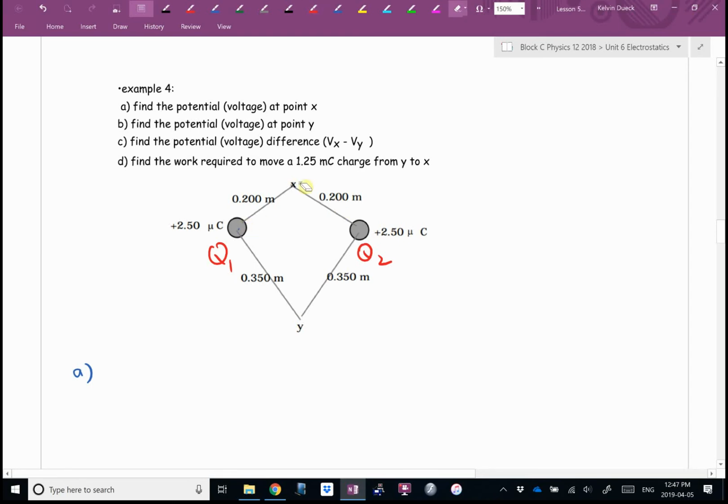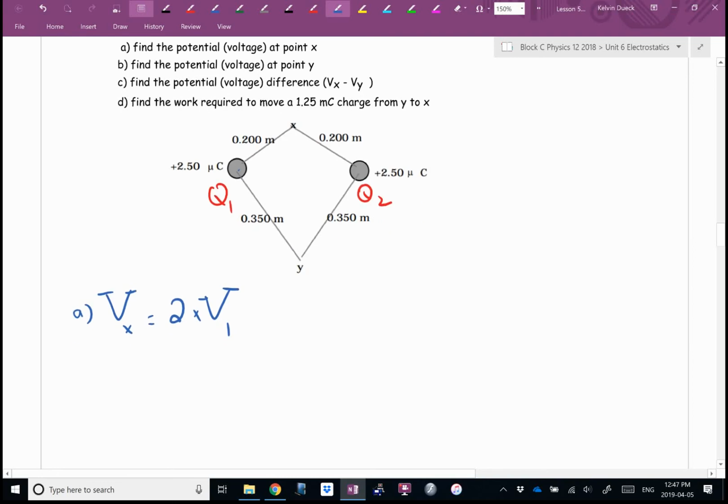I'm going to find the potential from Q1 and just double it. I can only do that because this is a perfectly symmetrical diagram, but because it is, why not? So this wants me to find the voltage at X, and that's going to be 2 times the voltage from Q1.